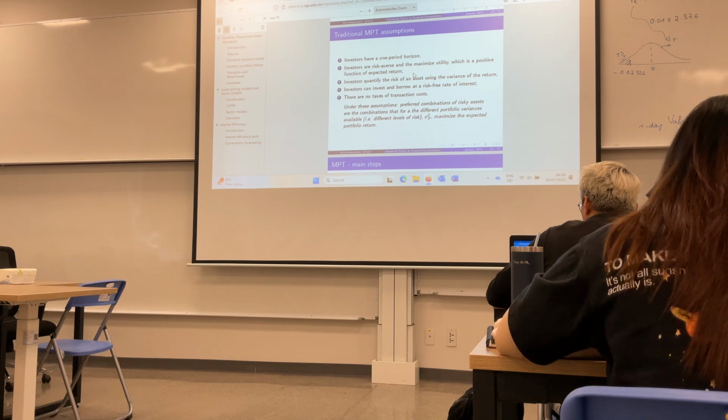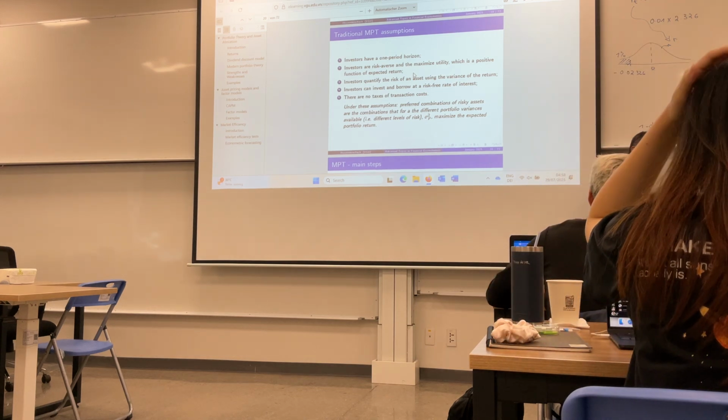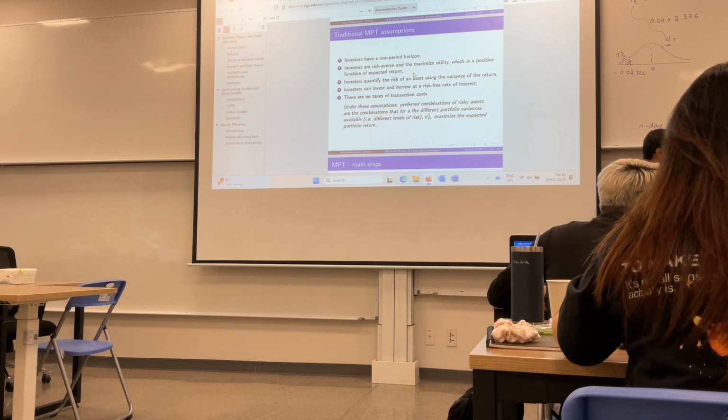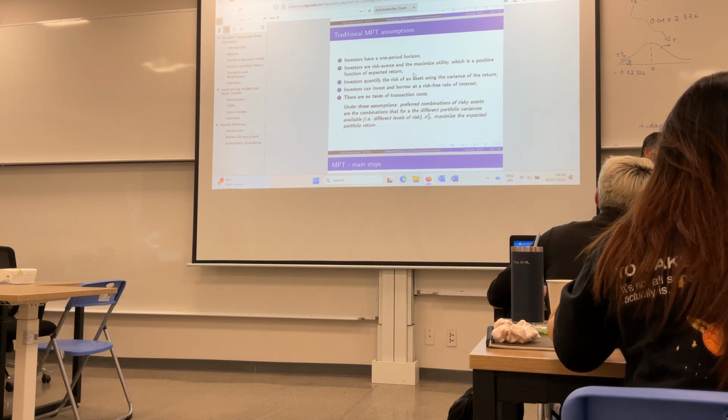Now let's look at the expected shortfall. Expected shortfall also has a level alpha, but that's the expected value of R for those values that are below here.